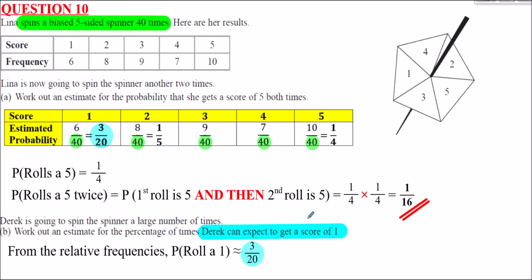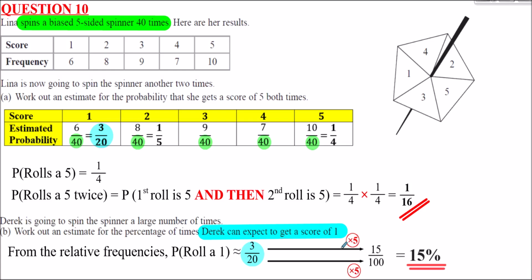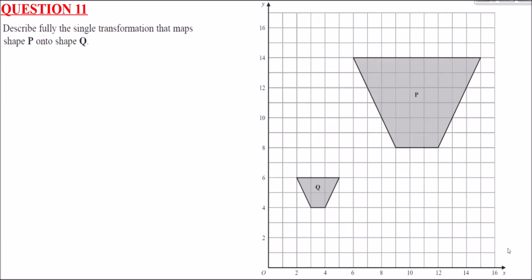Well, clearly what we'd need to do is to do 20 multiplied by 5 to get 100. Therefore, we need to do the same to the top. 3 multiplied by 5 is 15. We therefore get 15 out of 100, which is the same as 15%. So the estimate for the percentage of times Derek can expect to score a 1, we'd say 15% of the time.